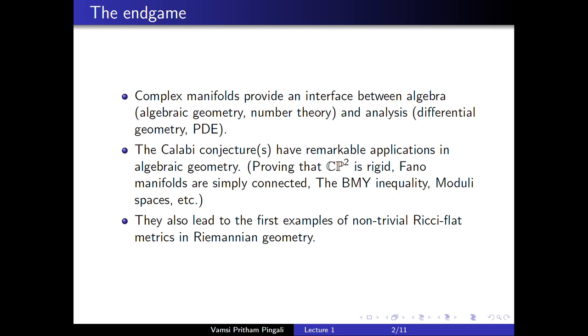So, surprisingly, the question of coming up with an example of a Riemannian metric on a manifold whose Ricci curvature is 0, but whose Riemann curvature tensor is not 0, is not a trivial question to answer, and at least as far as I know, until Yau proved one of the Calabi conjectures, the answer was not known to be in the affirmative. Yau indeed came up with such an example, right? And surprisingly, this comes from complex geometry, right?